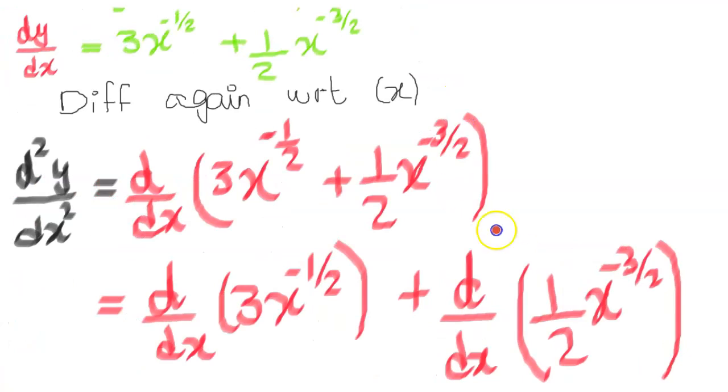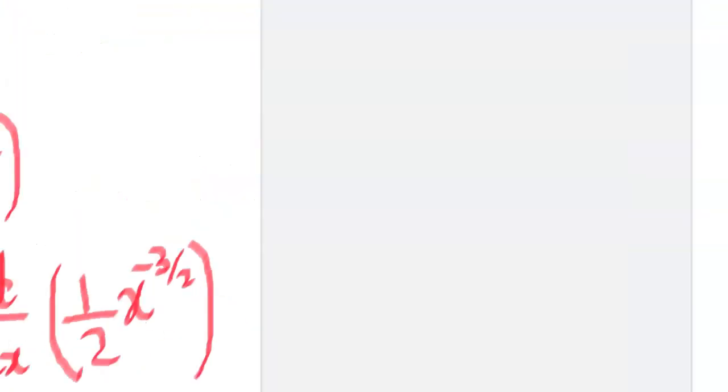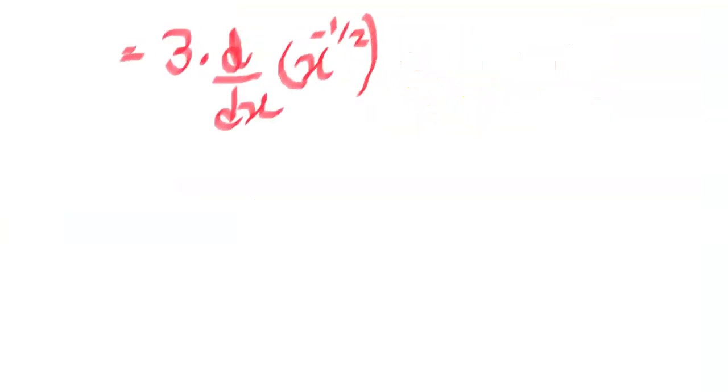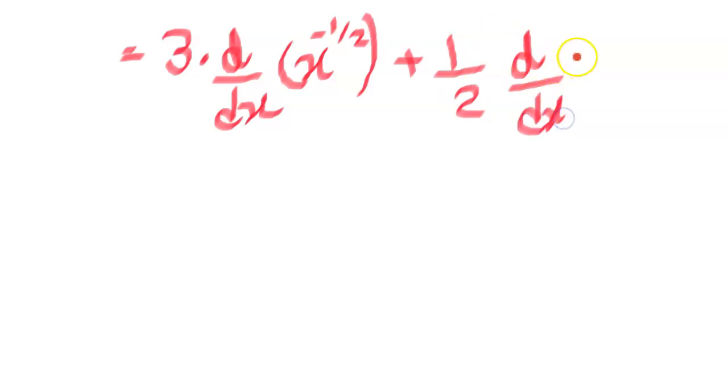It's the same with the other one, so the half comes out, d over dx of x to the power minus 3 over 2. It's a good idea to leave that in fractions rather than converting into decimals, because it helps later on.